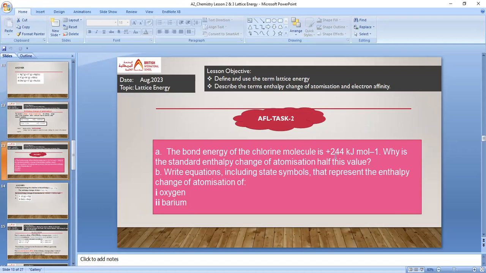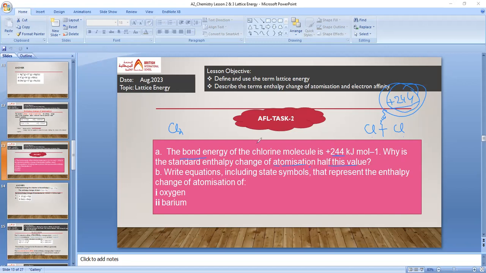First of all, the bond energy of the chlorine molecule, Cl2, is plus 244 kilojoules. The term bond energy means the energy required to break this bond. So whenever we break this bond, it absorbs plus 244 kilojoules of energy. In the question they ask why the standard enthalpy change of atomization is half of this value.